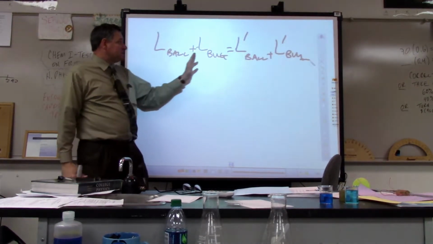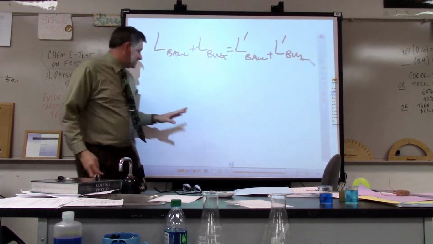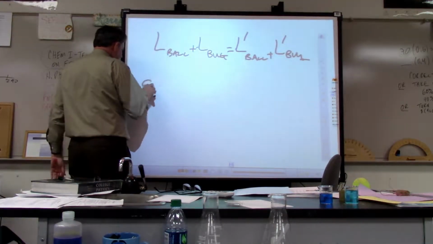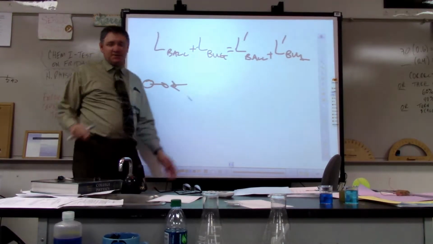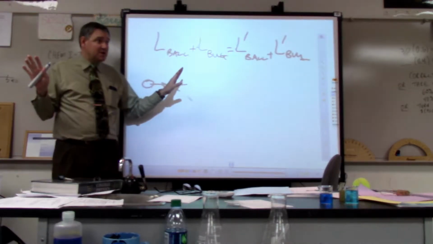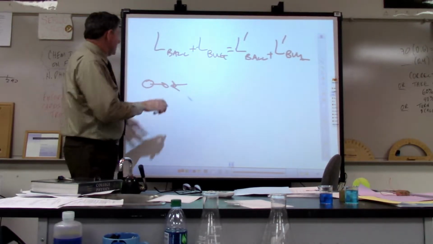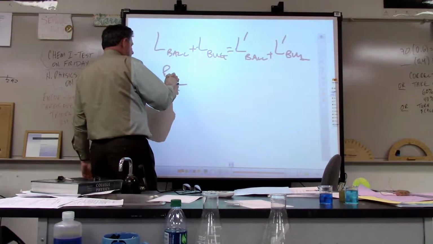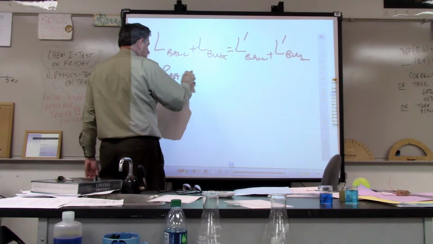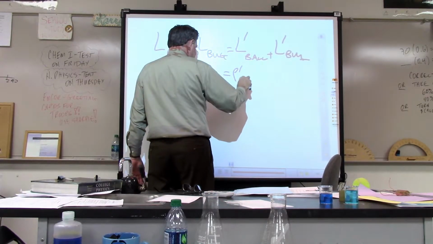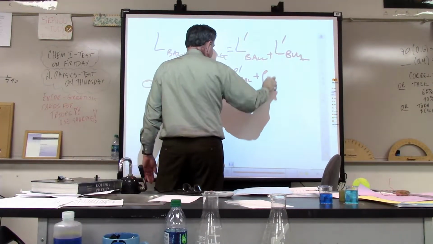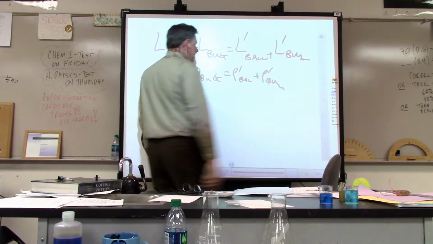The only difference would be, let's say for example, you had the ball traveling this way and you had the bug traveling in the opposite direction, not spinning. If all you had was linear momentum, you'd go, oh, momentum of the ball plus momentum of the bug is going to equal new momentum of the ball plus new momentum of the bug.